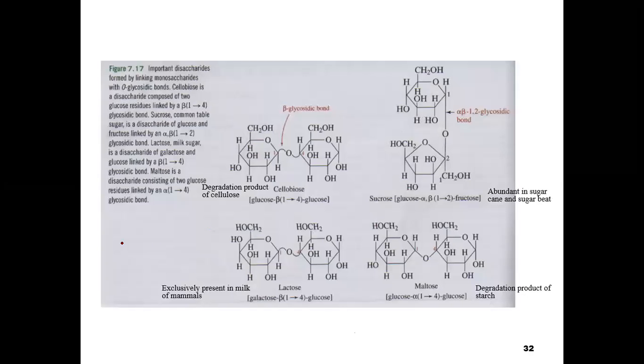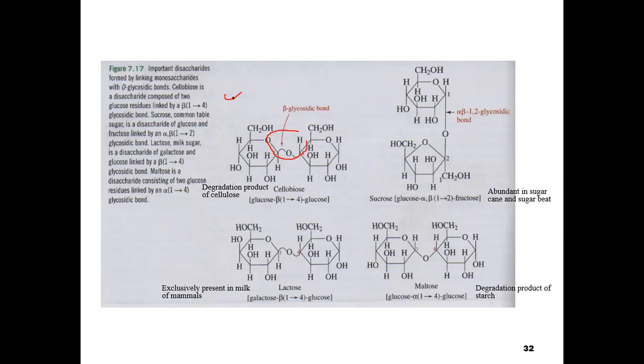This one is the O-glycosidic linkage. For example, this is one sugar molecule, this is the other sugar molecule, and between these two the hydroxyl groups will interact and make the glycosidic linkage. The glycosidic linkage is of two types: one is the alpha type, and the second is the beta type.